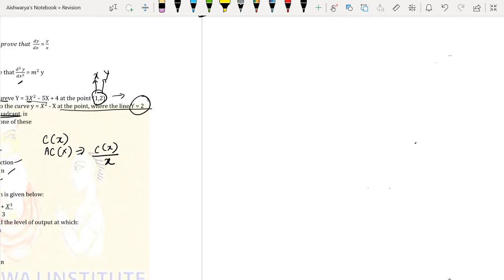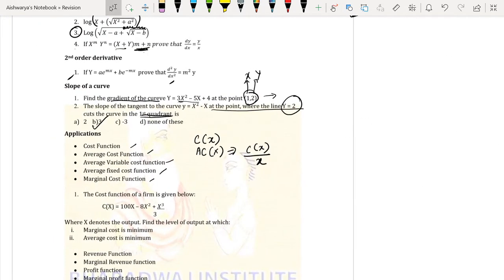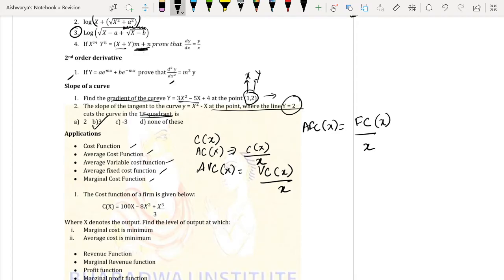Average fixed cost function is nothing but average fixed cost, one second, let me write it for you. AVC of x is supposed to be variable cost function divided by x. AFC of x is nothing but fixed cost divided by x, or the fixed cost function divided by x. Normally this is not in terms of x because fixed cost is a fixed number.